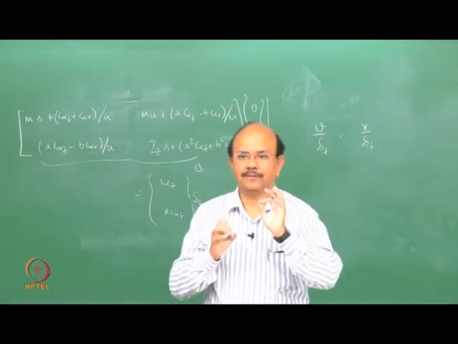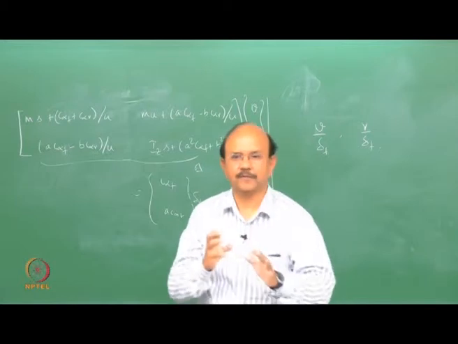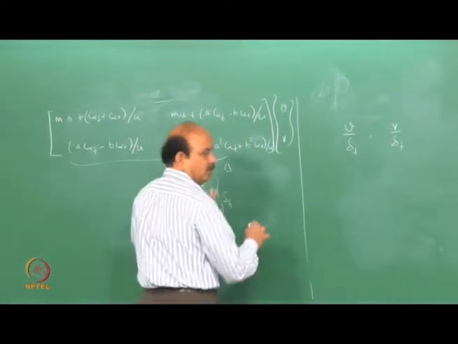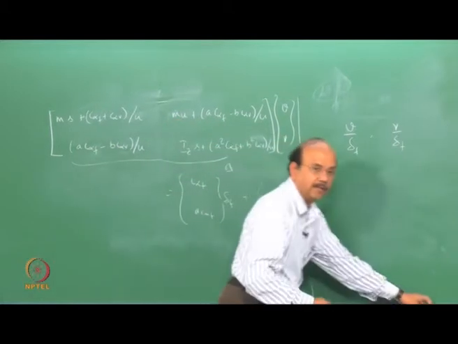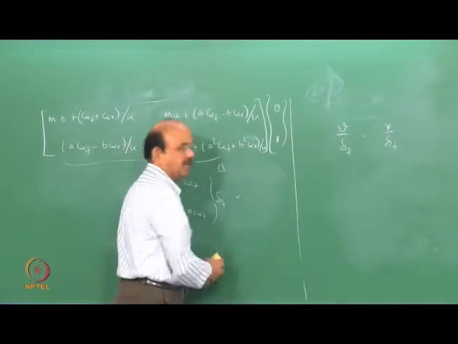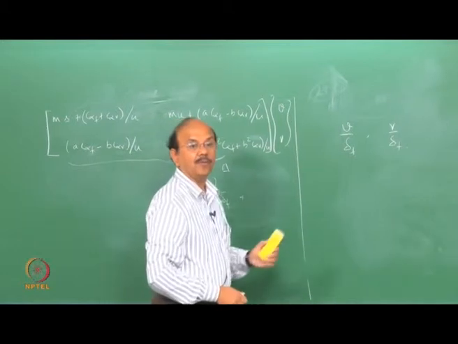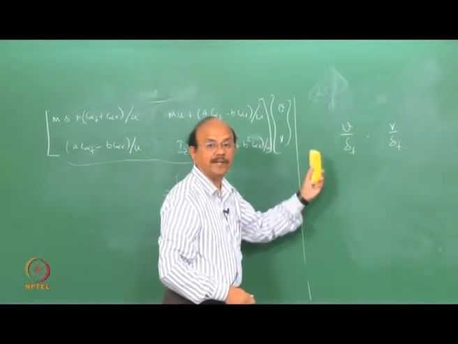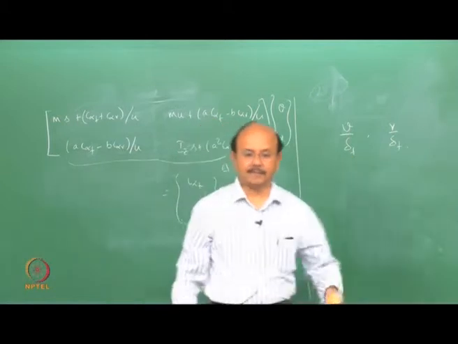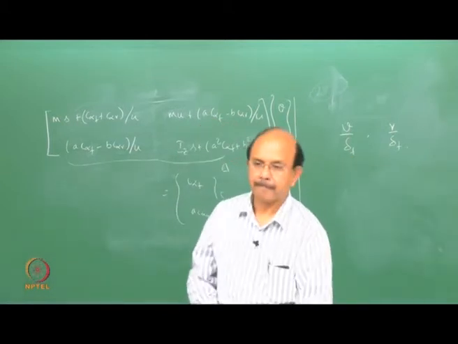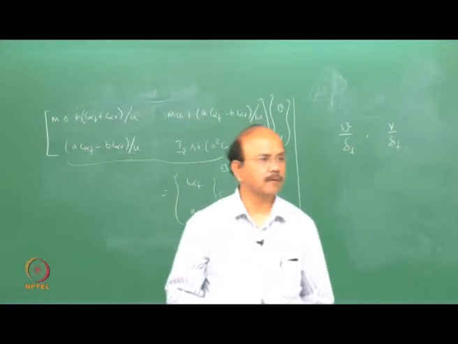Later, to look at a very interesting physics, once we know this, we will add delta R, we will do that separately, and then we will use this technique to find out what happens to V by delta R and R by delta R. That we will do a bit later. Right? Any questions?